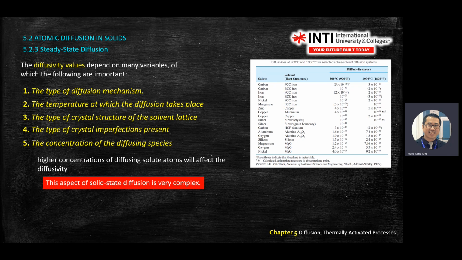Just now we talked about the flux. How does the flux happen? Flux happens from high concentration into low concentration. So it depends on which one is high, which one is low. Then it tells you the direction.